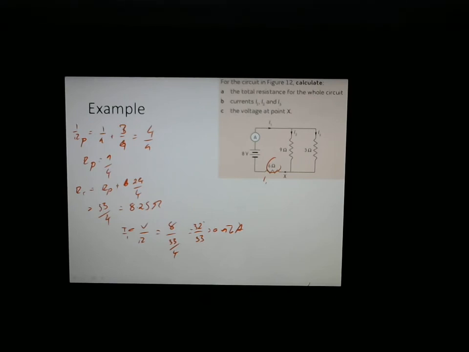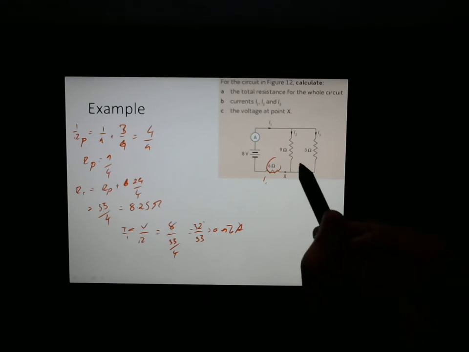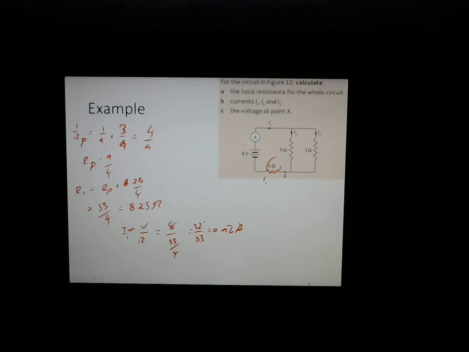Now we need to know, well, what is our I's for these two sections. So let's start with a bit of logic. Last time we did this, we had two 10 ohm resistors. Now we don't. Obviously, a lot more current is going to flow through here than here. This is smaller, this is bigger. How much bigger? Well, this is 3 times bigger than this one.